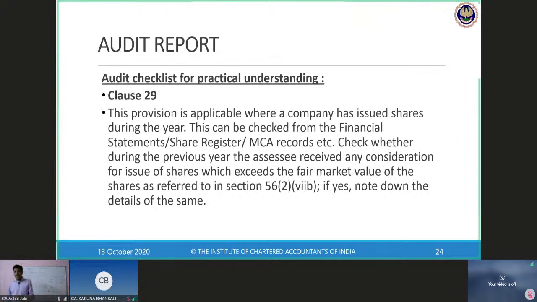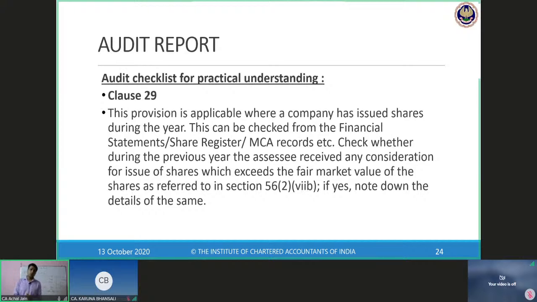This provision is applicable where a company has issued shares during the year, correct? This can be checked from the financial statements, share register, MCA records. In this case, check whether the assessee received any consideration for the issue of shares during the previous year. How will he check it?